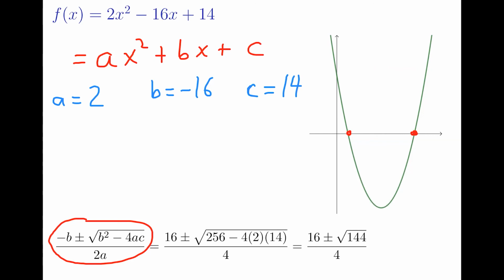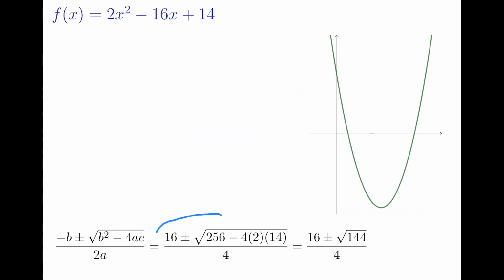And so all you have to do is plug those values into this formula down at the bottom of the page, negative b plus or minus the square root of b squared minus 4ac over 2a. And when you do that, what do you get? You get this fairly complicated looking expression, but then if you actually evaluate all those numbers in there, you get 16 plus or minus the square root of 144 divided by 4. And of course that becomes 16 plus or minus 12 divided by 4.